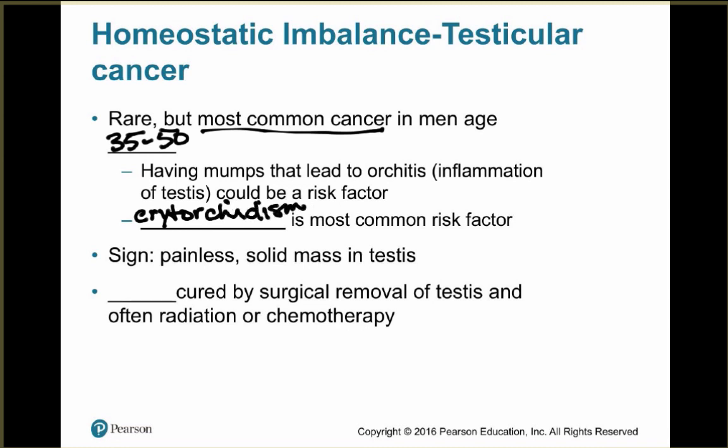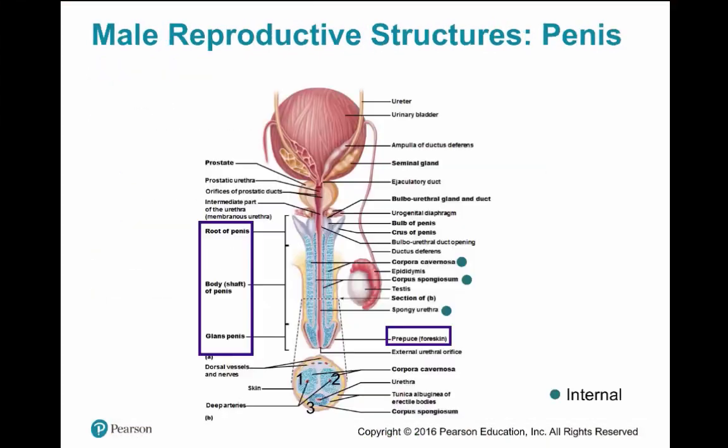Signs of this are basically painless, solid masses in the testes. And basically, it can have a 90% cure rate by surgical removal of the testes and other radiation and chemical therapy. So testicular cancer doesn't necessarily mean a death sentence. It is completely treatable.